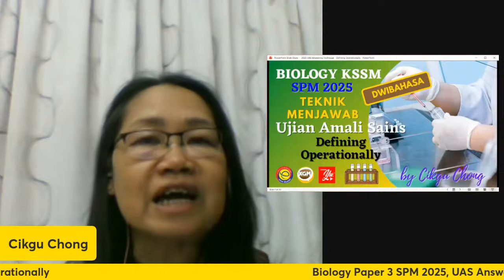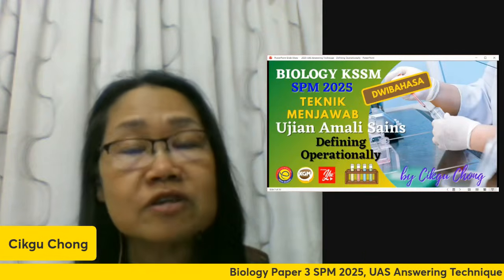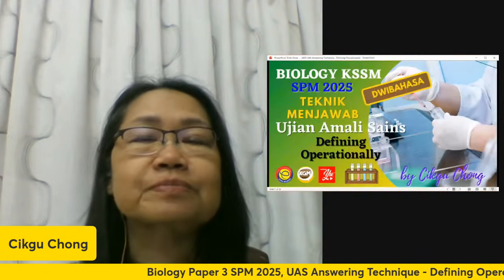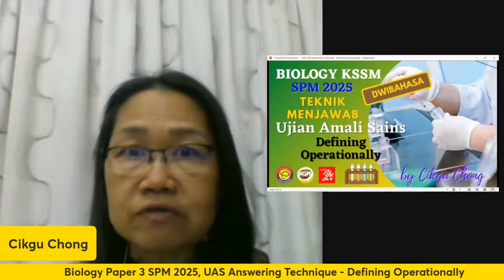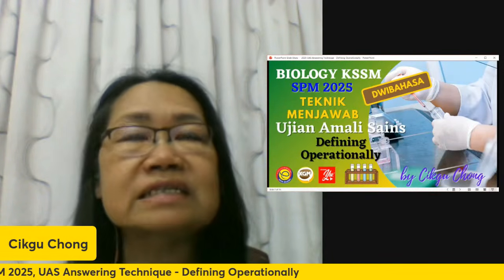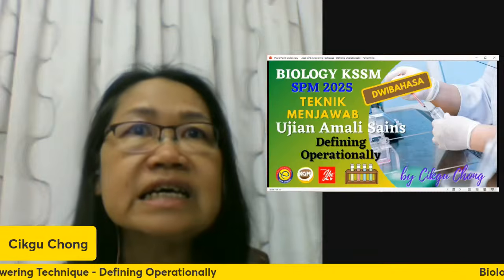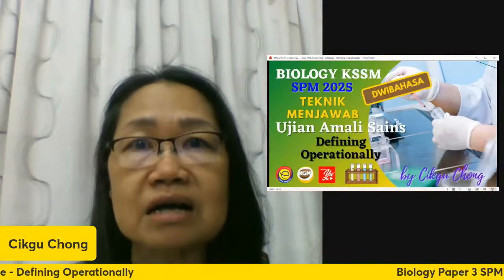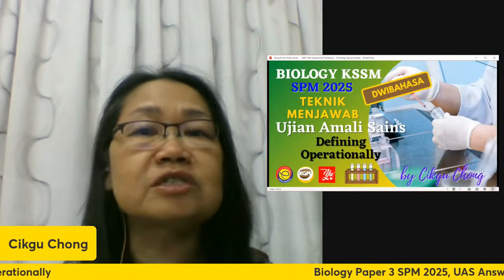So today, I hope that after going through my class, all of you will be able to get an idea how to answer defining operationally and get the maximum mark. Sometimes it will be 2 marks, sometimes it will be 3 marks.